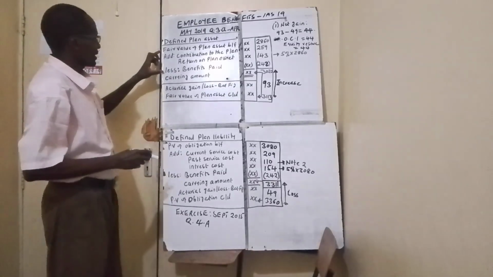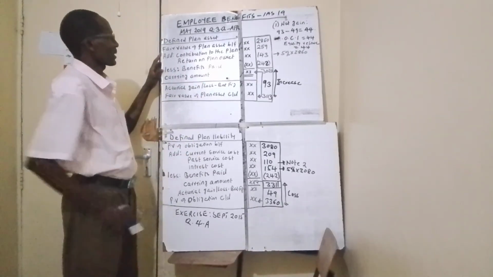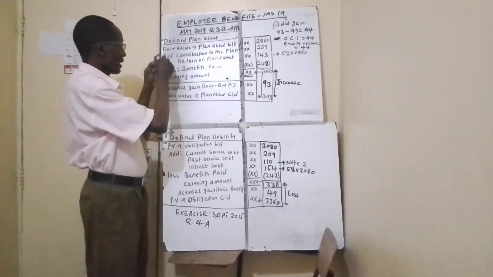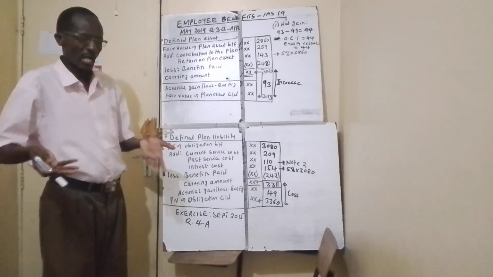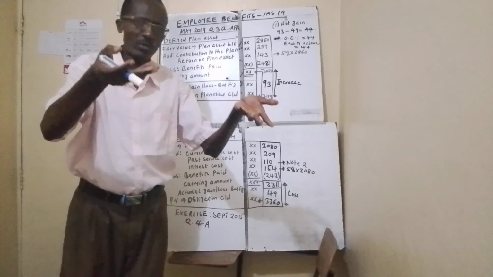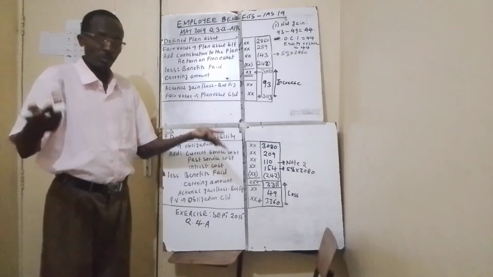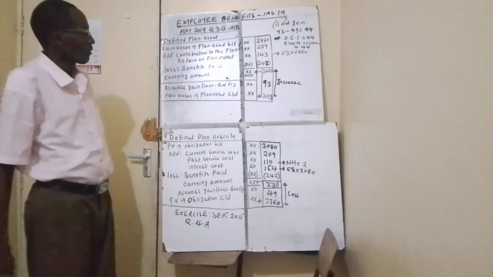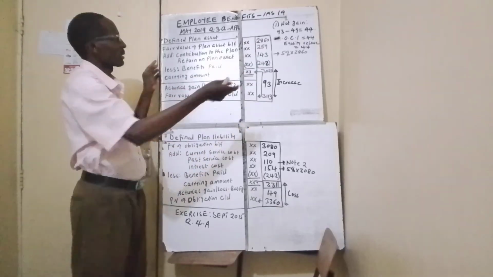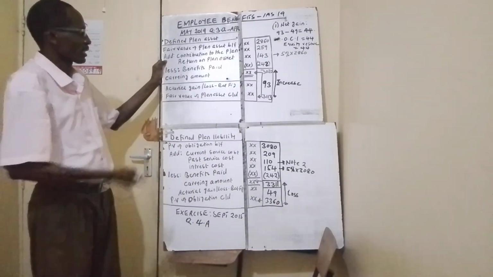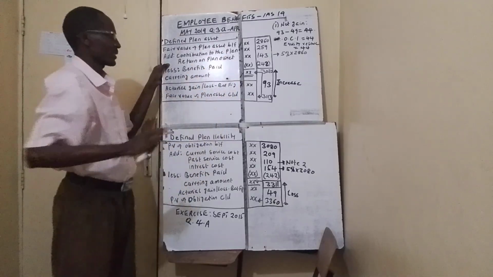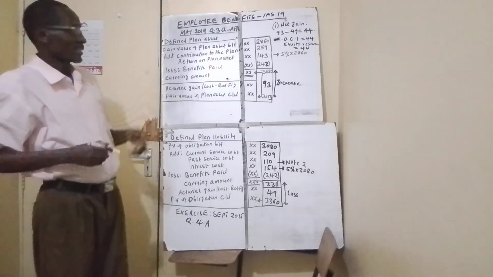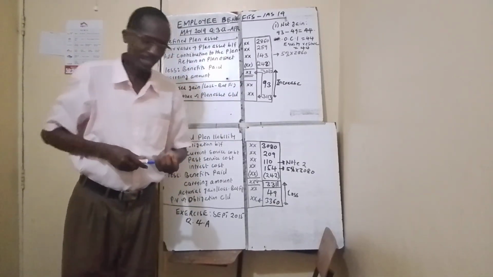Now, once you have known that, understand with a defined plan asset, you'll be adding the contribution to the plan. You'll be given how much contributions was made to the plan by the employer or the employees or both. Contributions to the plan increase the asset, the opening balance. Return on plan asset will also increase that asset.